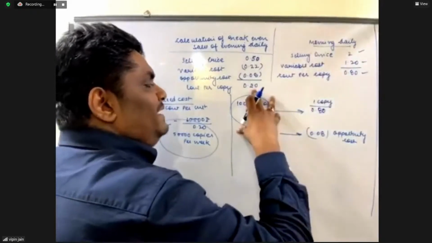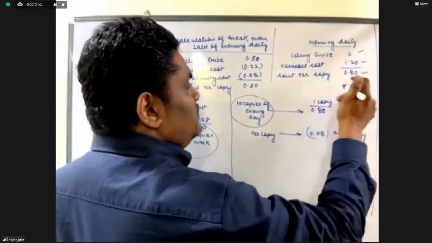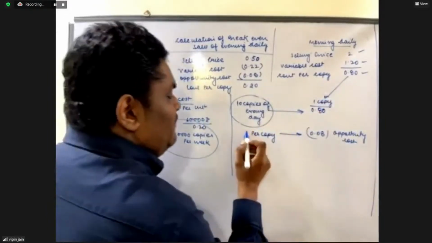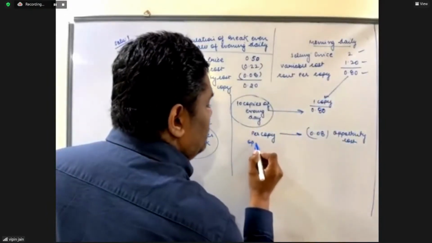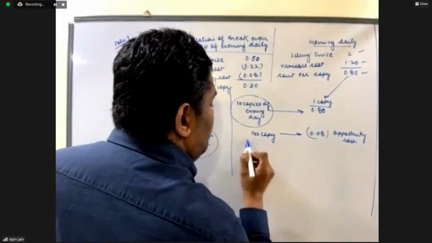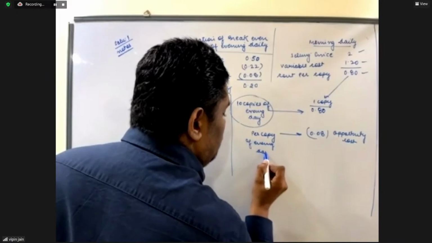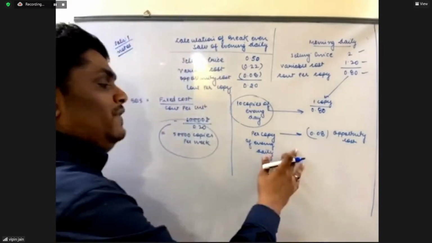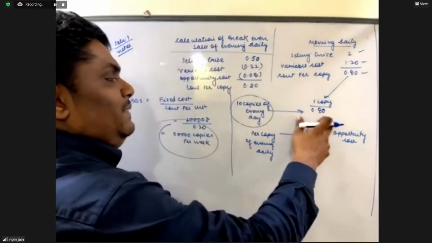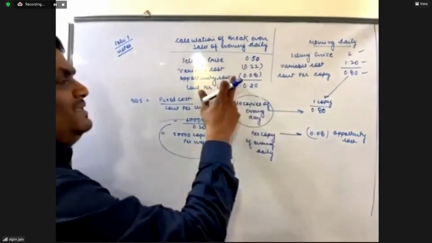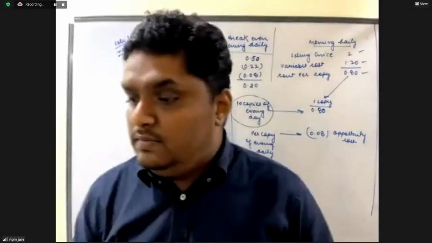It means for every 10 copies of evening daily, we are losing 80 paisa. So for 1 copy of evening daily, we are losing 8 paisa. So 8 paisa is my opportunity cost.